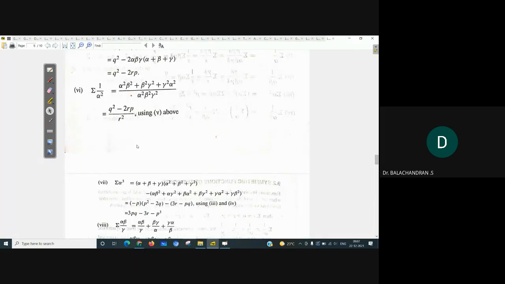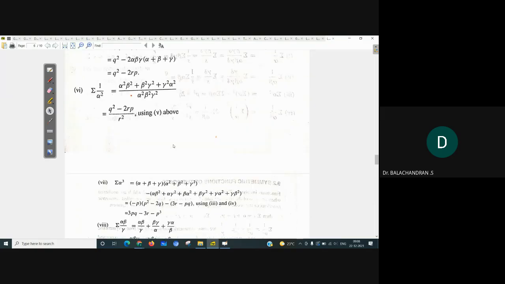So we have that result, and using that result you can do it. Otherwise, directly you can take alpha beta gamma as LCM. If you take alpha beta gamma as LCM, the numerator you have alpha square beta square plus beta square gamma square plus gamma square alpha square.